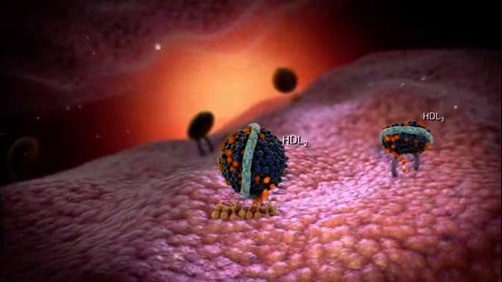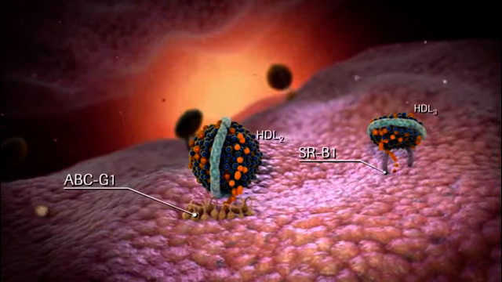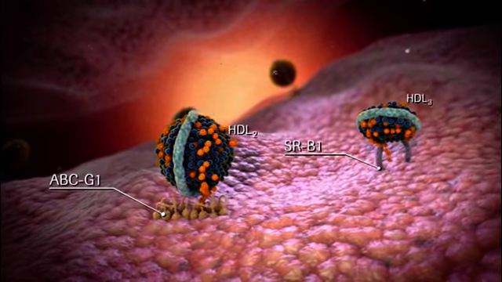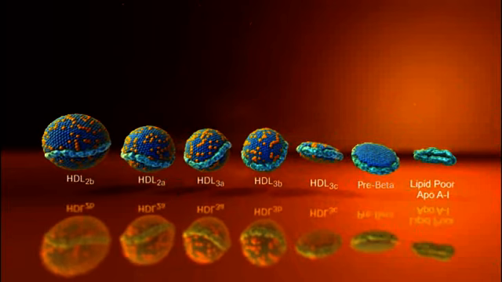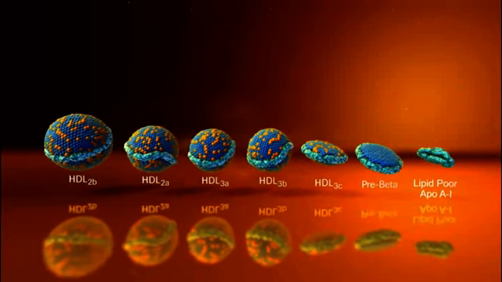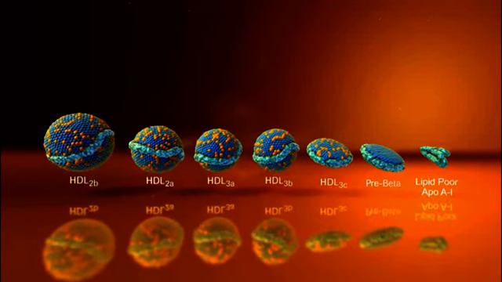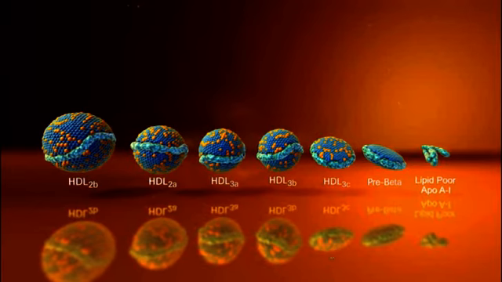Larger spherical HDL particles can accept additional cholesterol from ABCG1 and SRB1 receptors on cell membranes. Through continuing lipid accumulation within particle cores and remodeling by various plasma factors, small HDL3 are converted to larger HDL2 particles.